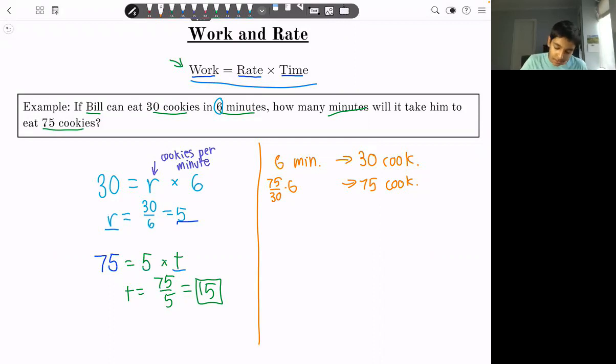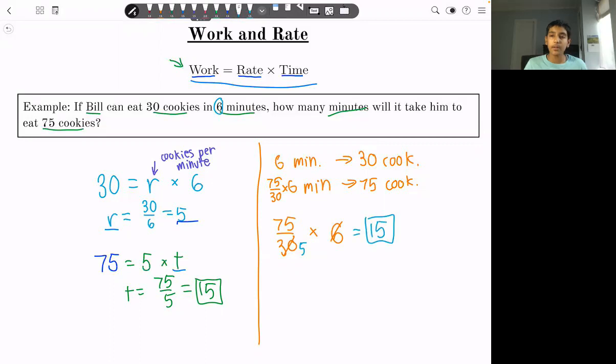So we will take 75 over 30 times 6. Basically what I'm doing here is using ratios. We can cancel, and from here this should be 5. So this is just 75 divided by 5, which is 15.